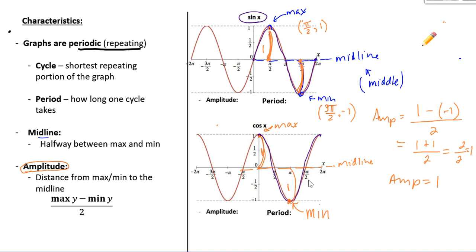And we're talking distance, not value, the distance from there to there. Distance is always positive. So we'd end up having the exact same amplitude. You can tell amplitude from the graph pretty easily if you identify that midline and then just count up to that maximum or down to that minimum. They'll be the same, and that would be your amplitude. If you're not okay with that, then here's a nice little formula for you to use.